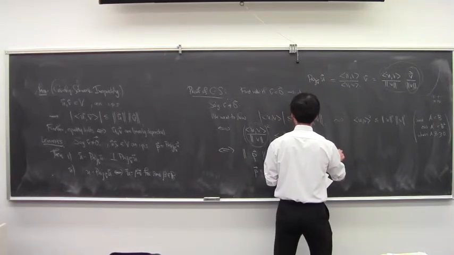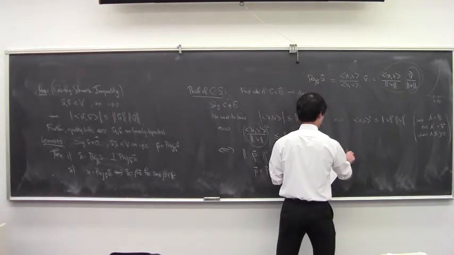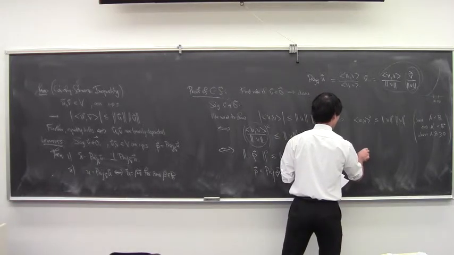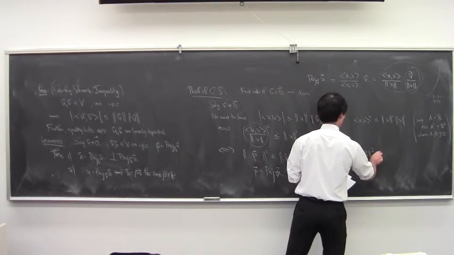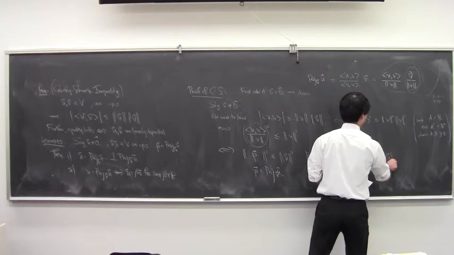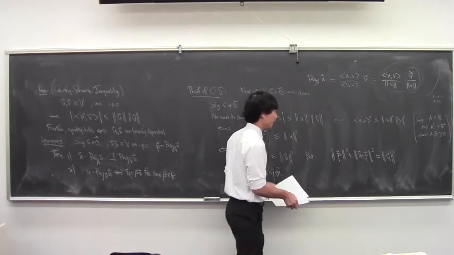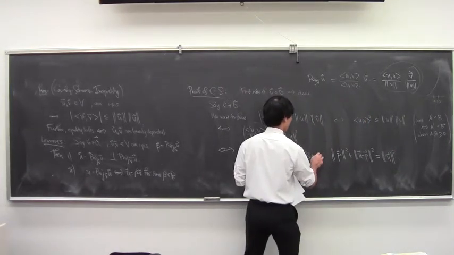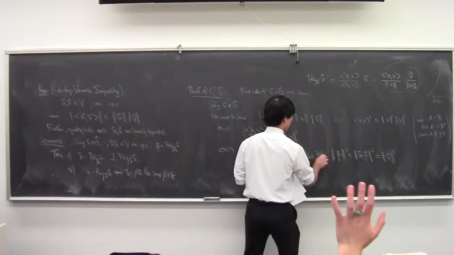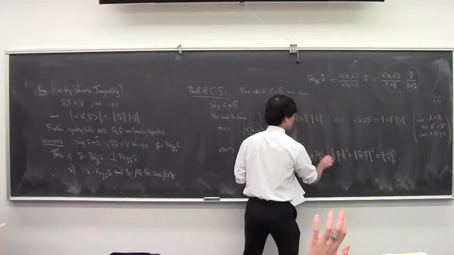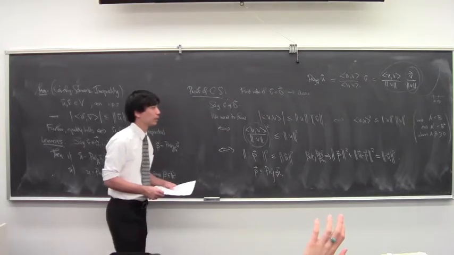The magnitude of the projection squared plus the magnitude of u minus the projection squared equals the magnitude of u squared, by the Pythagorean theorem.